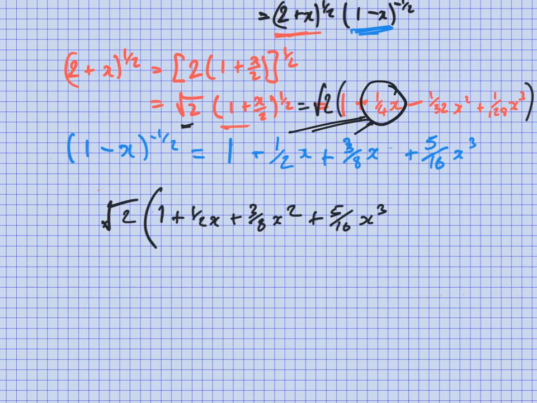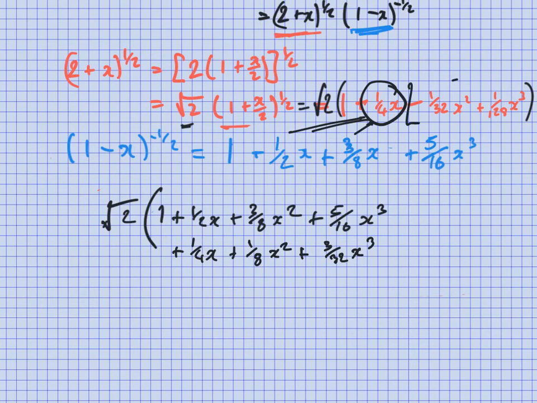So that will give me plus a quarter times 1, that's a quarter x, plus a quarter x times a half x is 1/8 x squared, plus a quarter x times 3/8 x squared gets me 3/32 x cubed. And I don't need to do the last one because that'll give me something to the power of 4, which is not what I need.